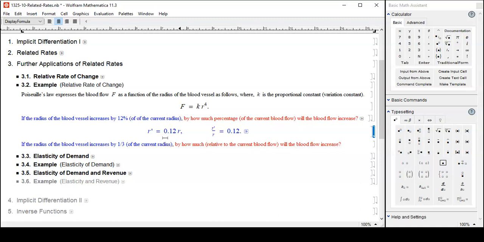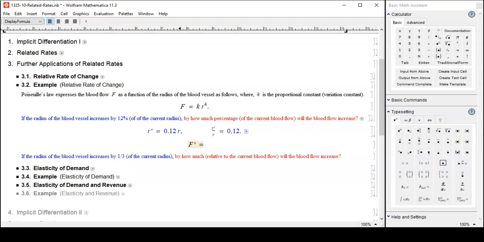Now let's go to the red part. What do you want to find out? We want to find out the amount of increase. So f prime is the question, but then again, what percent of the current blood flow? So basically it's this situation, and we want to find out this percentage.